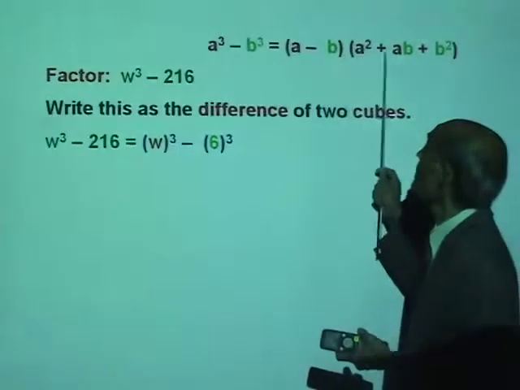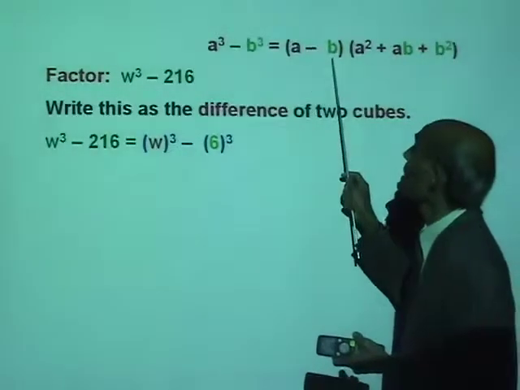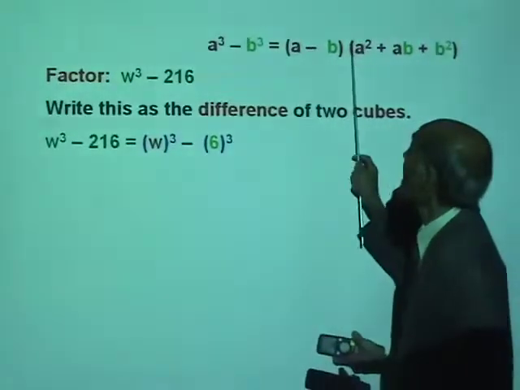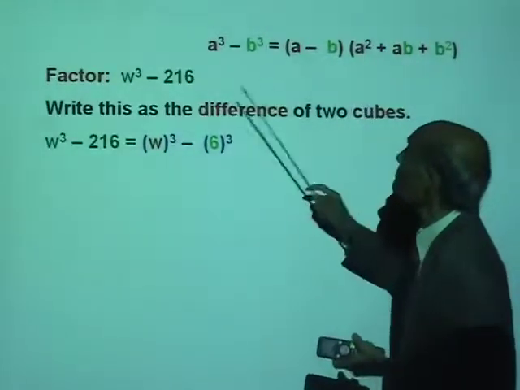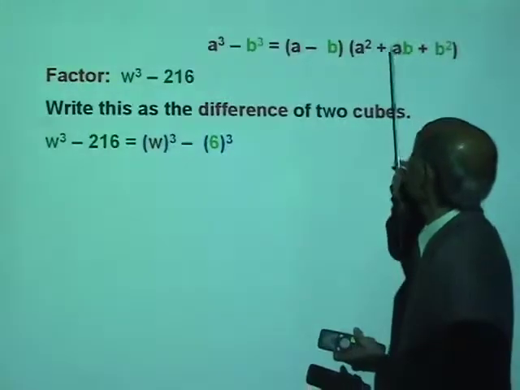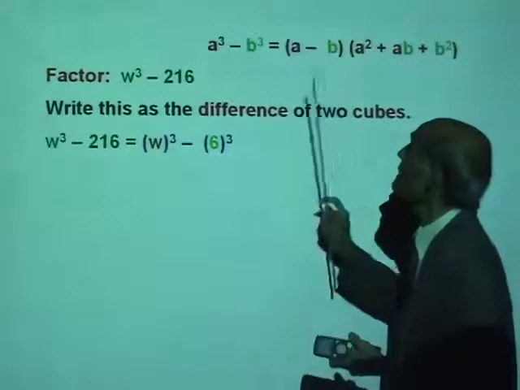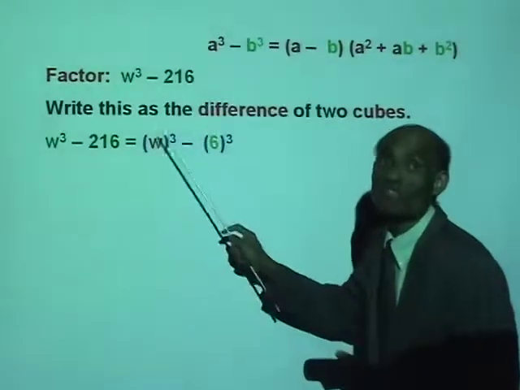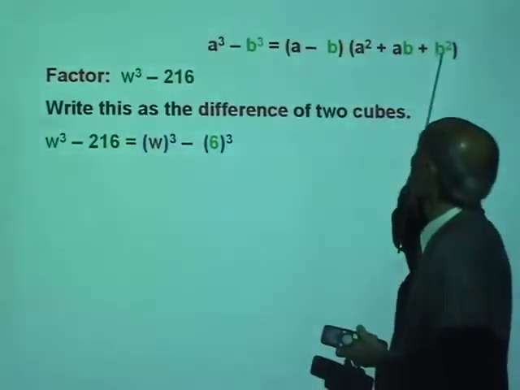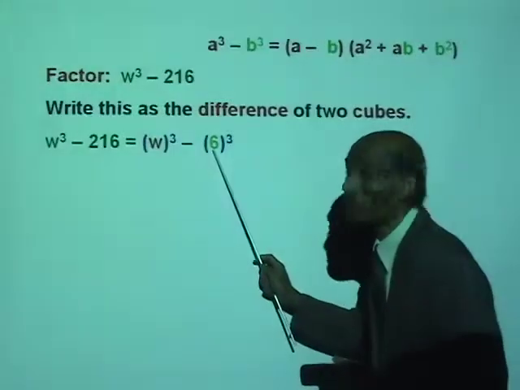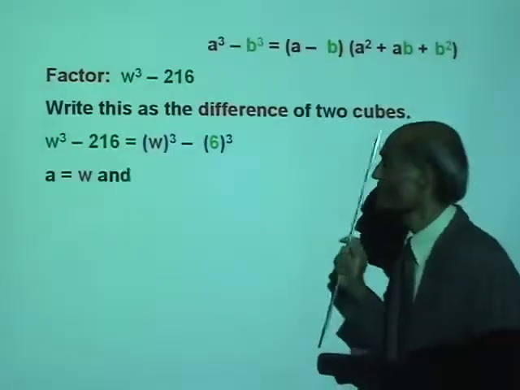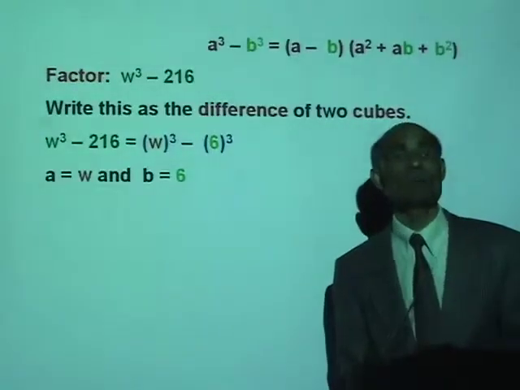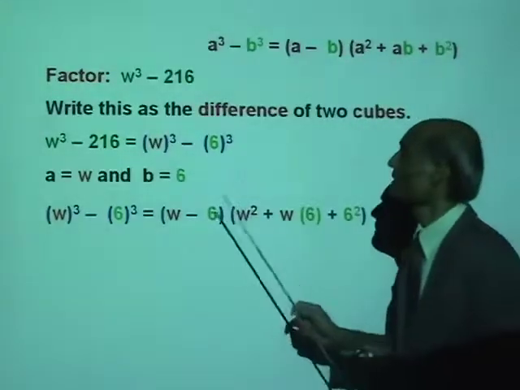So in this formula, a minus b will become w minus 6, times a squared becomes w squared, plus ab becomes plus w times 6, that will be 6w, plus b squared becomes plus 6 squared. There you are. So a equal to w and b equal to 6.